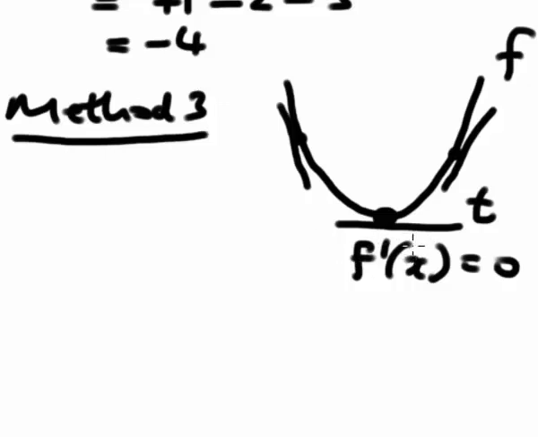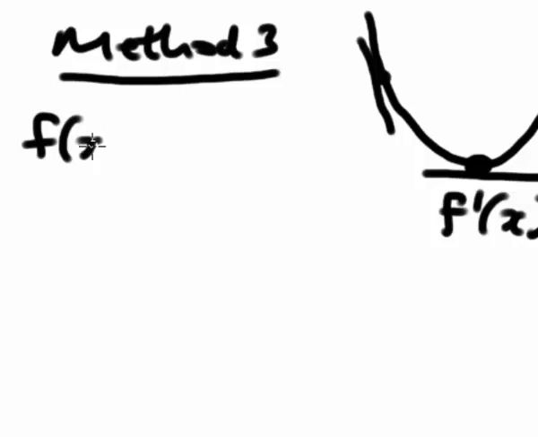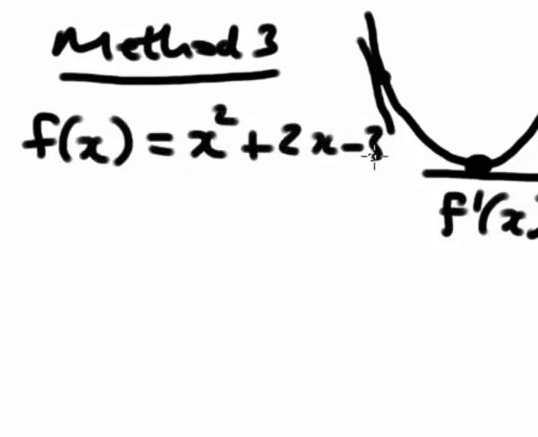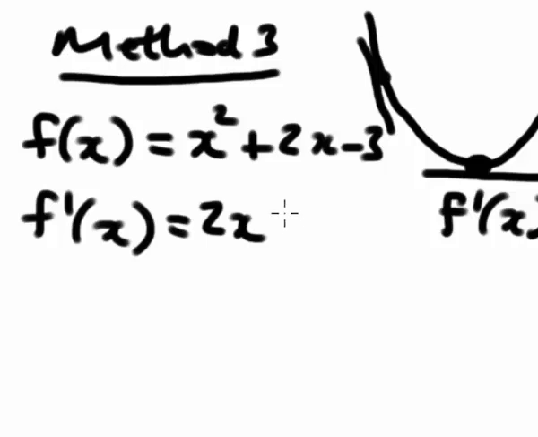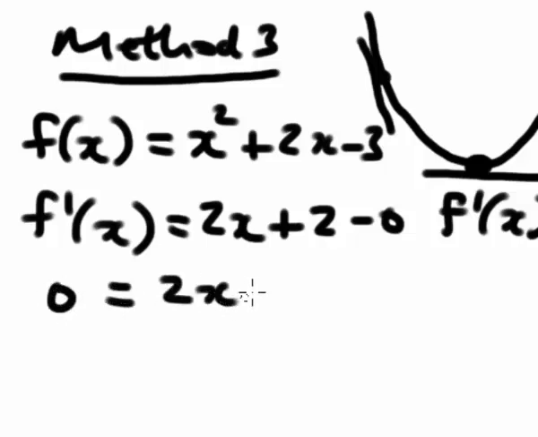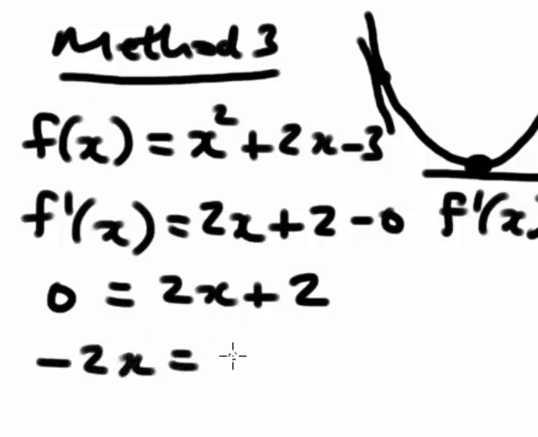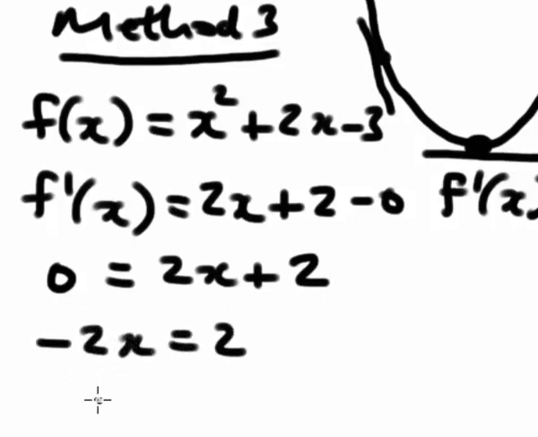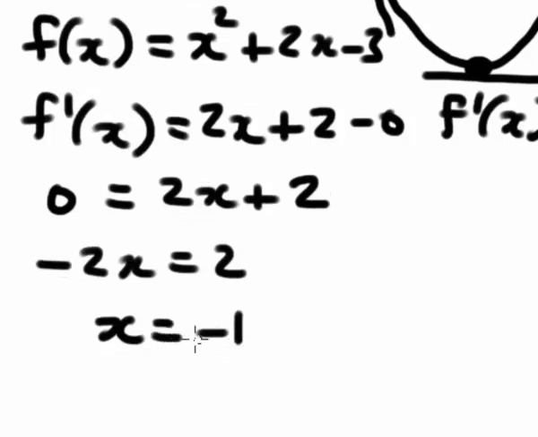Now, if we take our parabola's equation, all I'm going to do is differentiate it. x squared becomes 2x, then the 2x is 2, minus 0 for the negative 3. Then at a turning point, the gradient is 0. Now all you have to do is solve for x. Bring the negative 2 across, divide both sides by negative 2, and look at that.